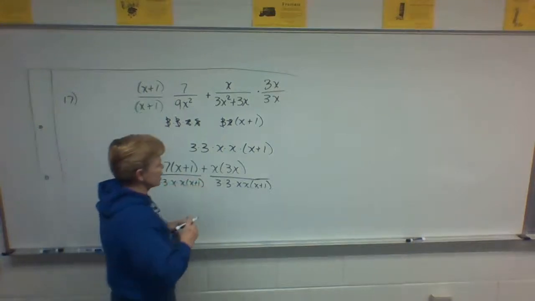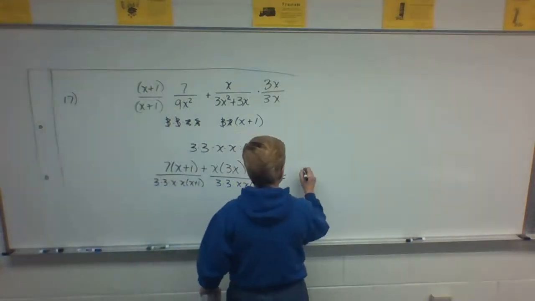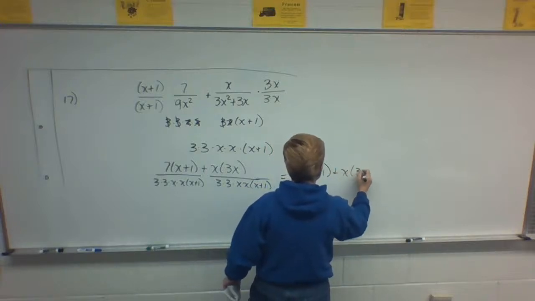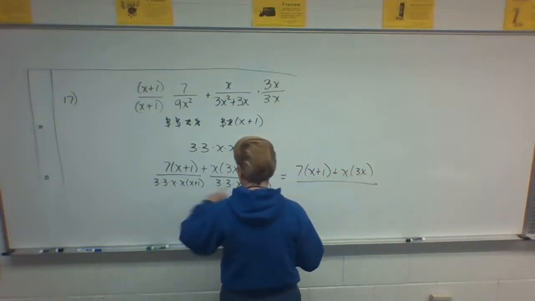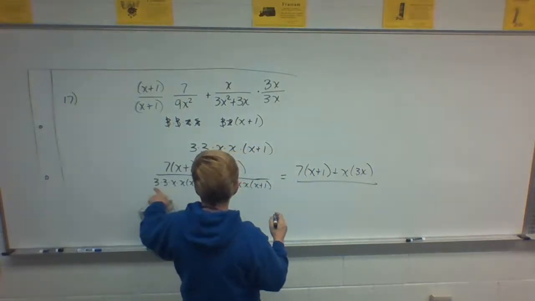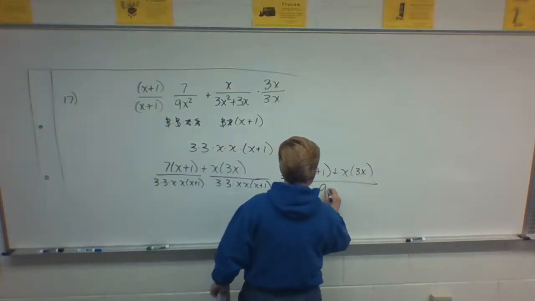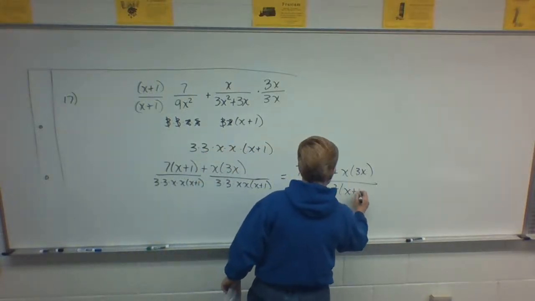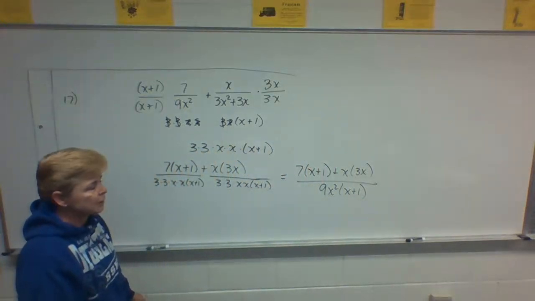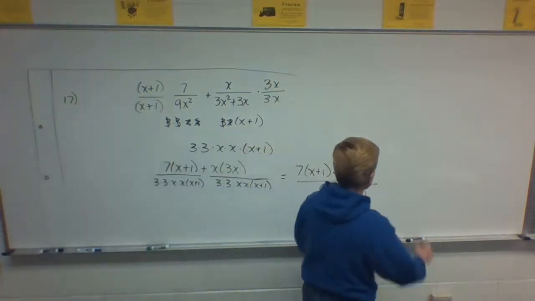Since they have the same denominator, that means that I'm going to be adding 7 times x plus 1 plus x times 3x over that common denominator, which is going to be, if it's okay with you, I'm going to write it as 9x squared times x plus 1. Is that okay? Yeah. One more thing, and that's to clean this up here.